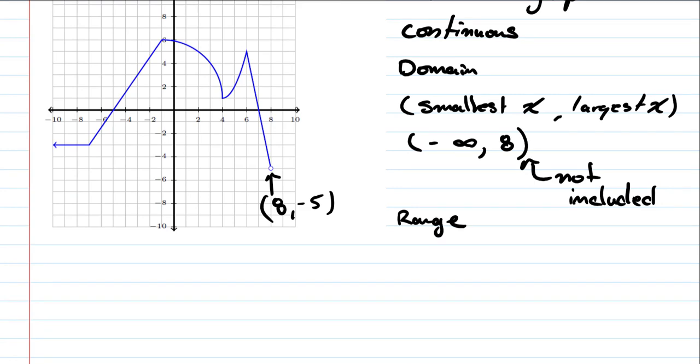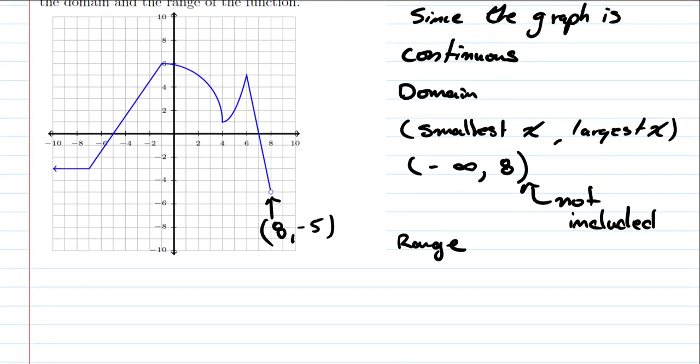For our range, we're going to do the same thing. We need the smallest y to our largest y. So once again, the lowest point on our graph is going to occur right here. So that gives us our smallest y value is going to be negative 5, once again not included. But now we need our largest y. So we would look right here, and our largest y value occurs at 6.